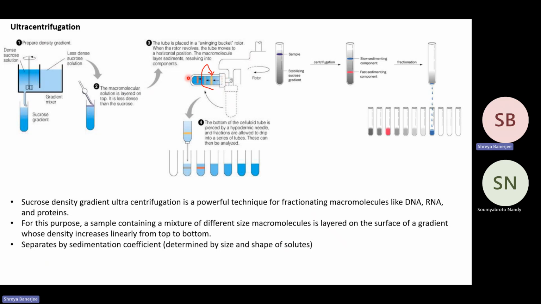Then there will be a separating out. The most dense will be at the bottom, and then slowly as you go towards the top, the density will decrease. So now the sample has been separated out based on density, and you can collect the different fractions.